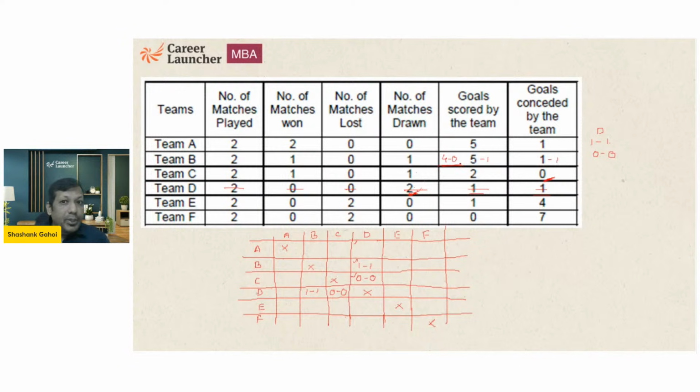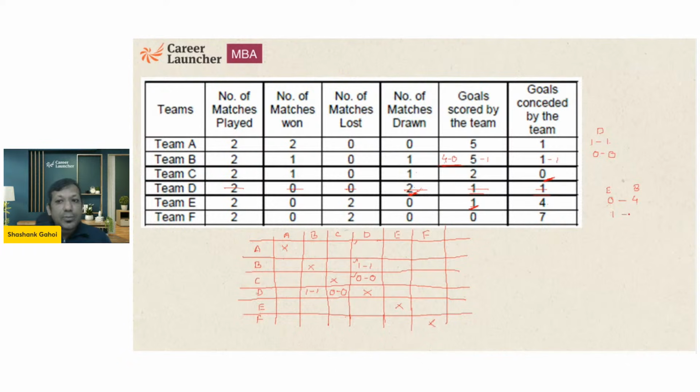Against which team can B win 4-0? It cannot win against E, because if B is playing 4-0 with E, then E has 1 goal left over.